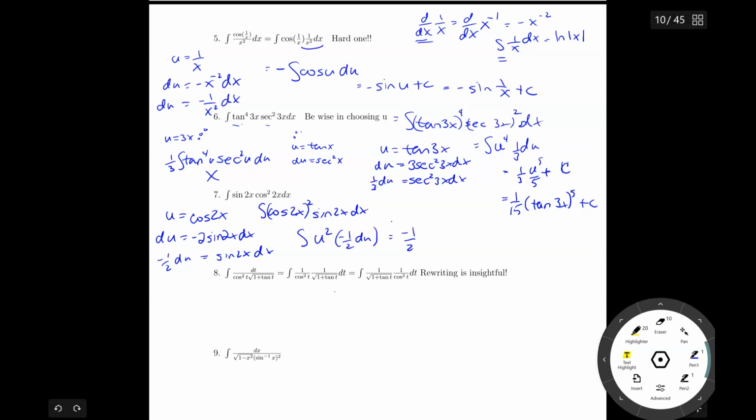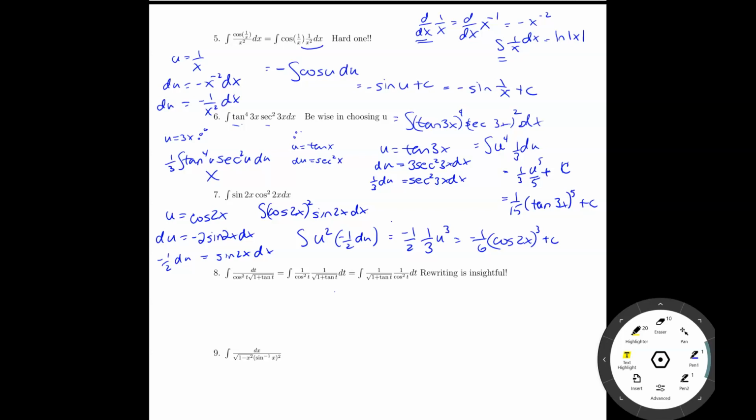So carrying that negative 1/2 on the outside, I get 1/3 u cubed. So negative 1/6, and then it'll be cosine of 2x all cubed plus c. All right, so I rewrote this many times already so that you could really see what was going on. So sometimes changing the order of it, so the functions are here beside the dt.